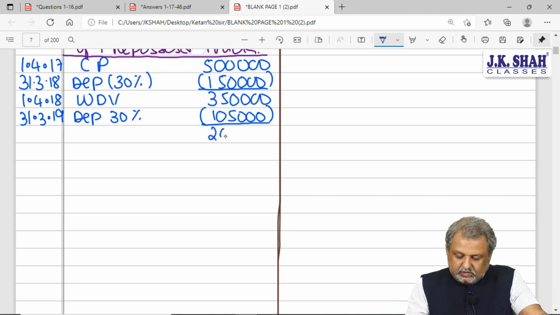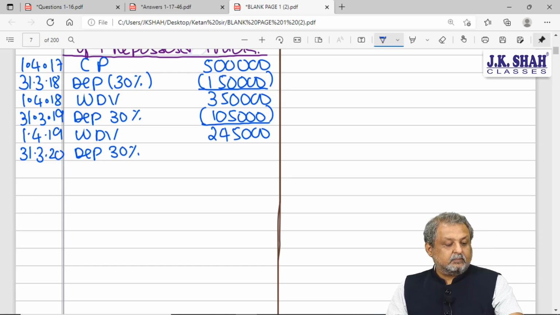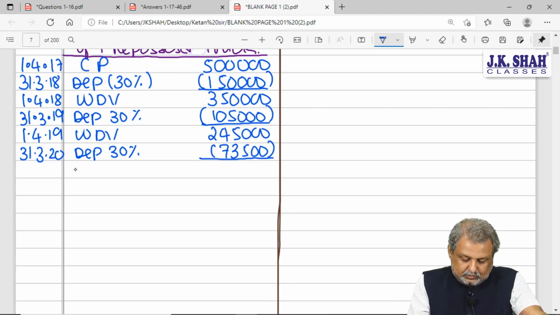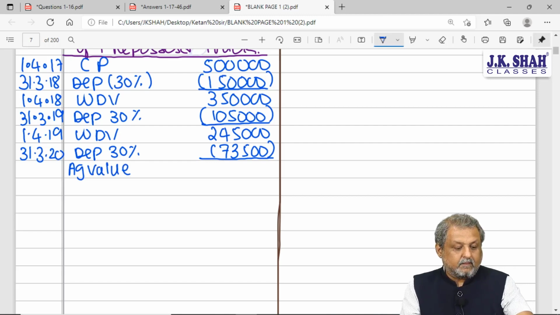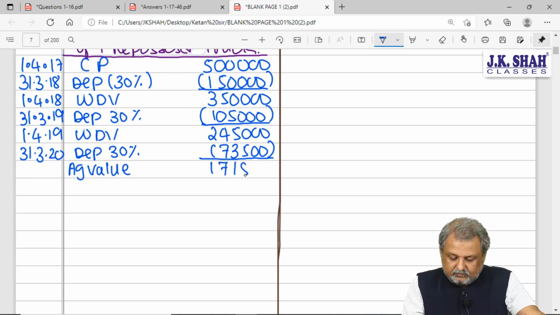So 2 lakh 45,000. 1st April 19 WD. 31st March 20, depreciation 30%, 73,500. So agreed value 171,500.